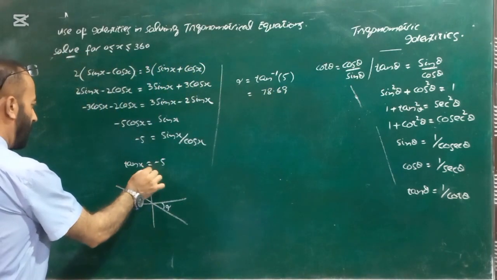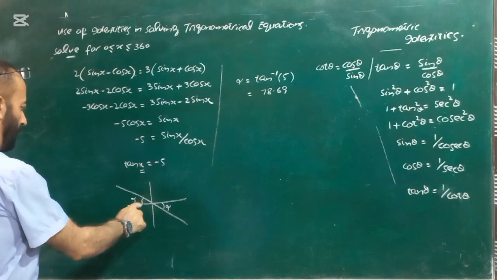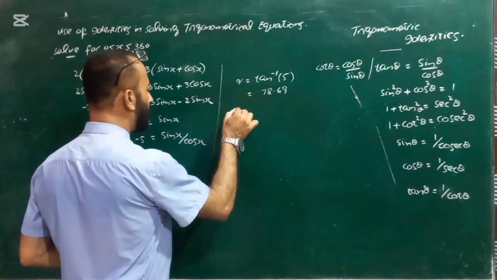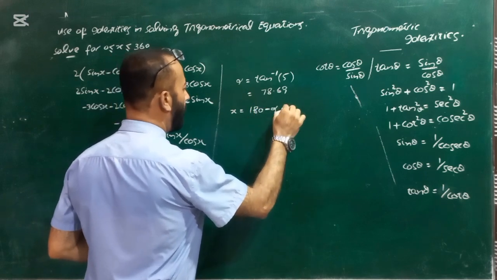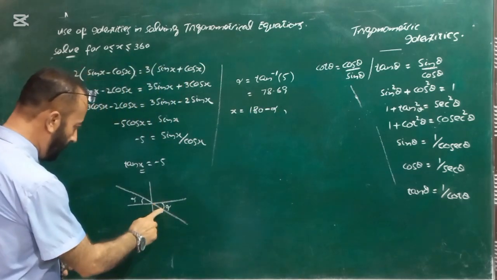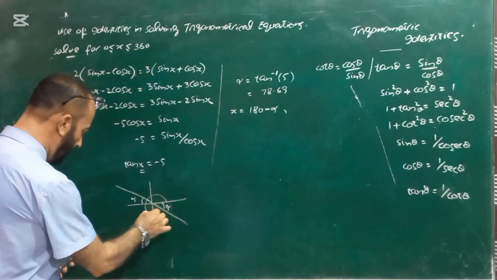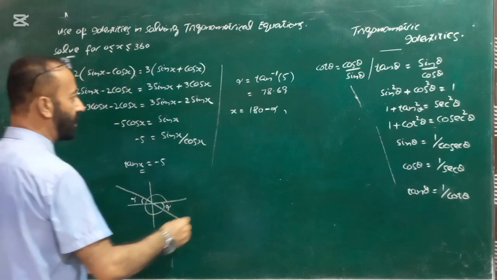Now the original angle will be equal to 180 minus alpha, and 360 minus alpha.